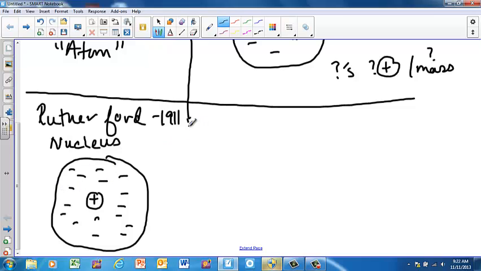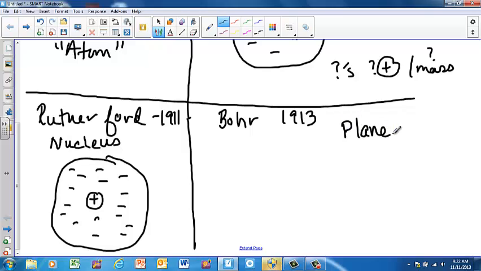So the next person to come along was Niels Bohr, and last names are just fine here. He came along in 1913, and if you remember, he looked at the hydrogen line emission spectrum, that fancy thing we looked at that had the purple and the turquoise lines when we looked through our spectroscopes. And what Bohr came up with is what's called the planetary model.